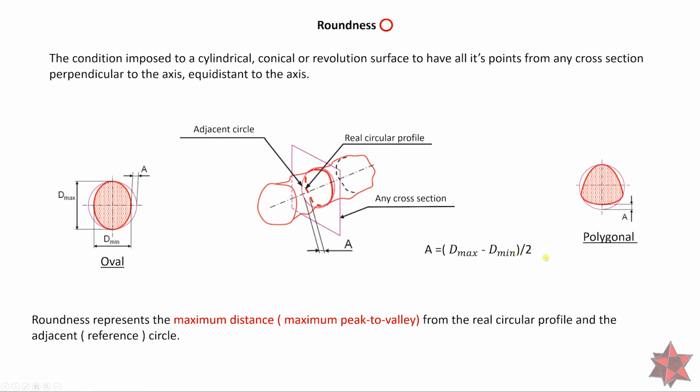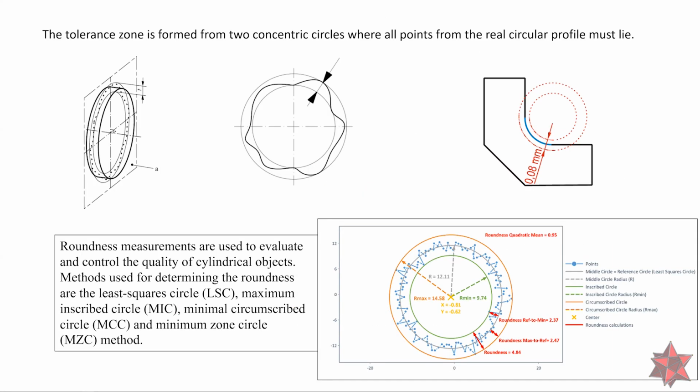And here we have the formula. Roundness represents the maximum distance, the maximum peak to valley, between the real circular profile and the adjacent circle, the reference circle. The tolerance zone is formed from two concentric circles where all points from the real circular profile must lie. Here are some examples.